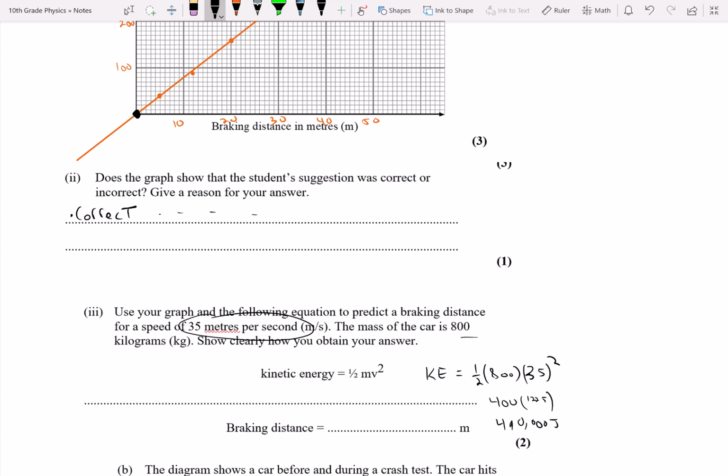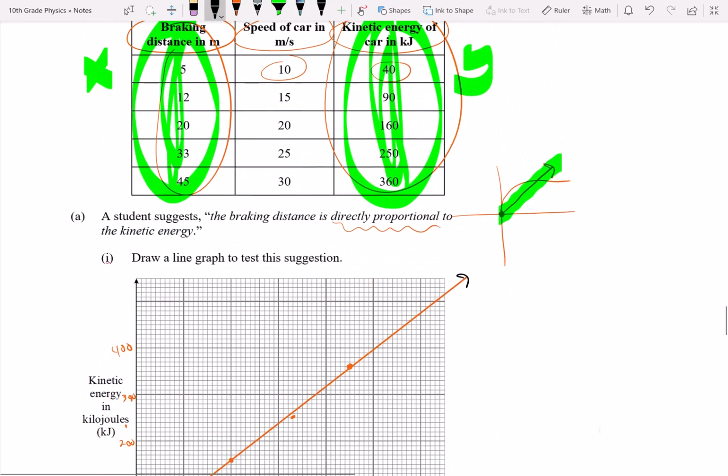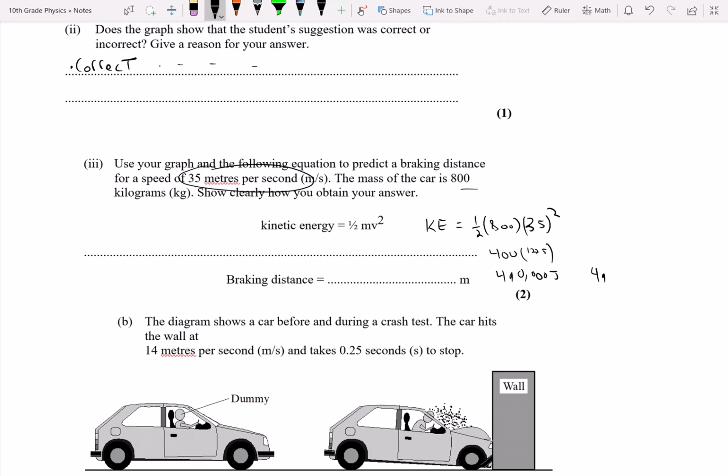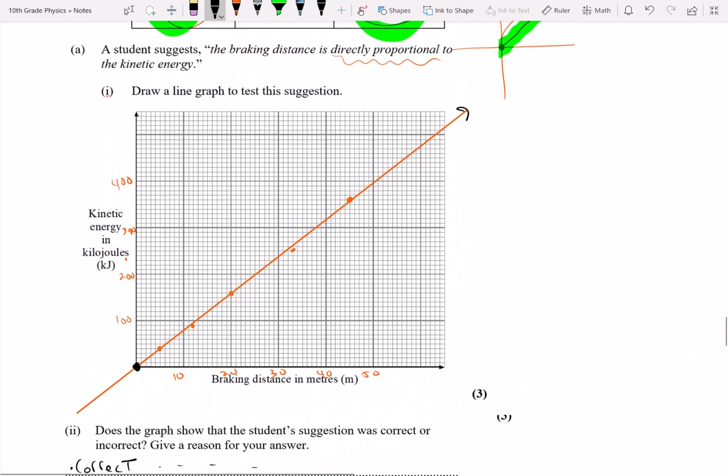So this car moving at 35 meters per second has 490,000 joules of energy, which is 490 kilojoules, right? Because notice the graph up here is in kilojoules.